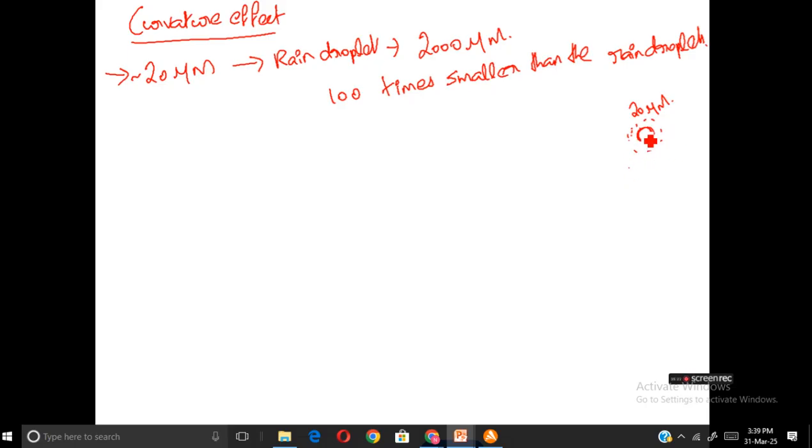The cloud drop doesn't grow, it will stay at the same size, because the amount of water vapor condensing onto the cloud droplet will be equal to the amount of water vapor evaporating from it. And if the cloud droplet is not in equilibrium, the droplet size either increases or decreases depending on whether condensation or evaporation dominates. So consider a cloud droplet that is in equilibrium with its surroundings. The total number of molecules around the droplet remains fairly constant and defines the droplet saturation vapor pressure.